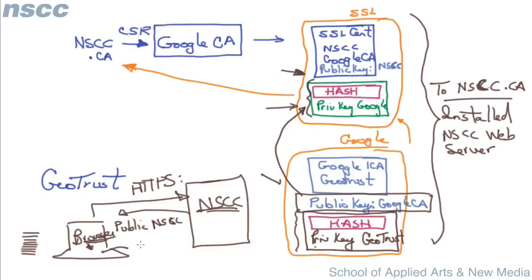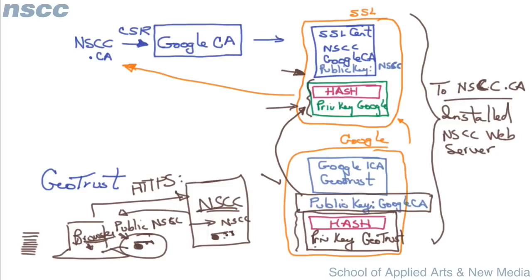It generates a symmetric key, and it encrypts that key with the public key that it got from NSCC, and it sends that key over to the web server. Now, this is the NSCC web server, which has a private key it keeps secure. So it unencrypts and gets the same symmetric encryption key.